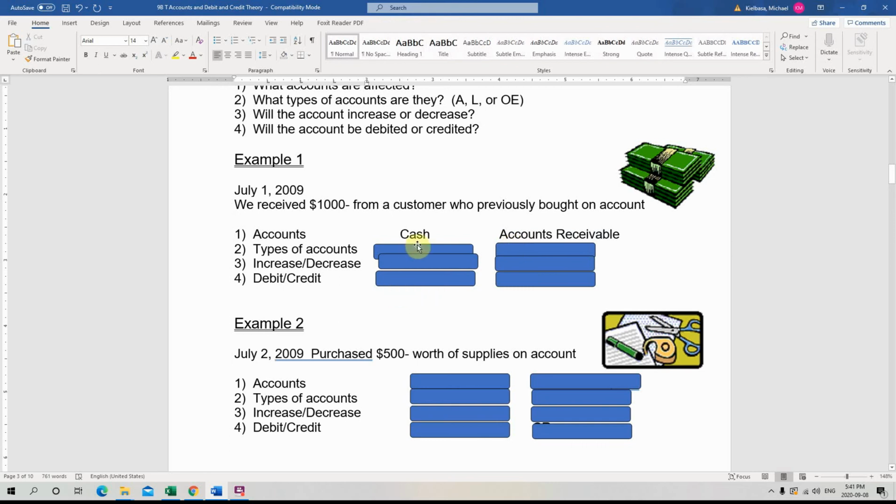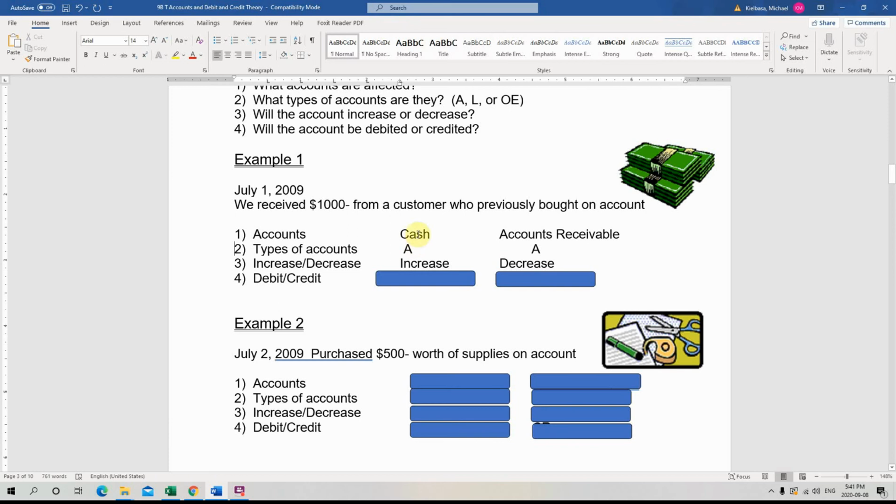Cash is what kind of account? It's an asset, and accounts receivable is also an asset. What's happening to our cash if we receive $1,000? It's going to go up, so it's going to increase. For accounts receivable, if the customer pays us, they no longer owe us the money, so accounts receivable is going to go down.